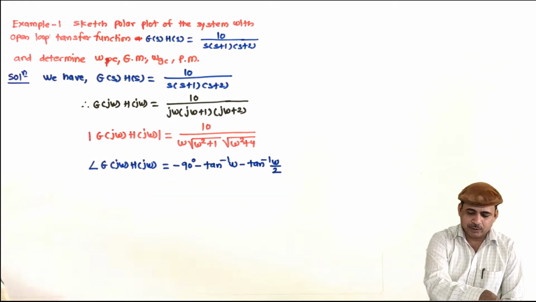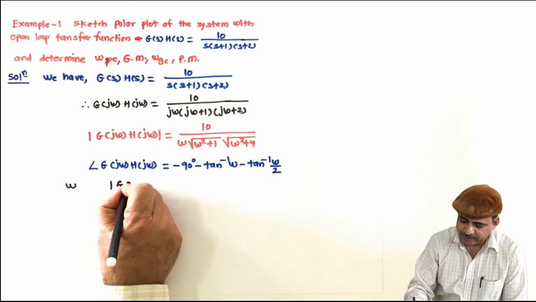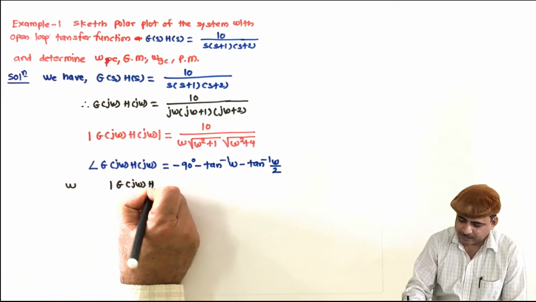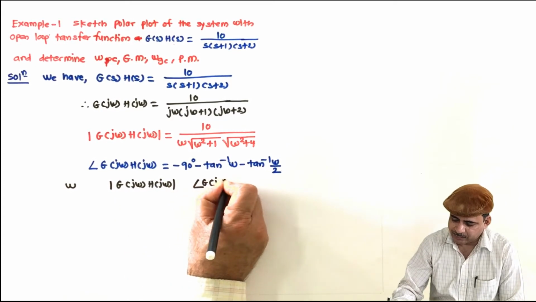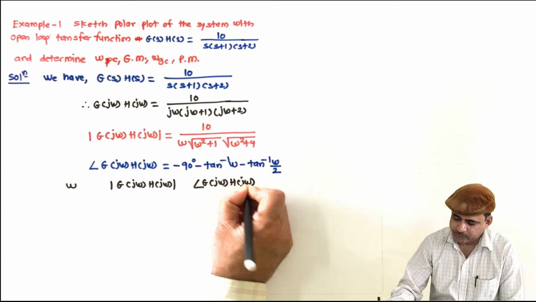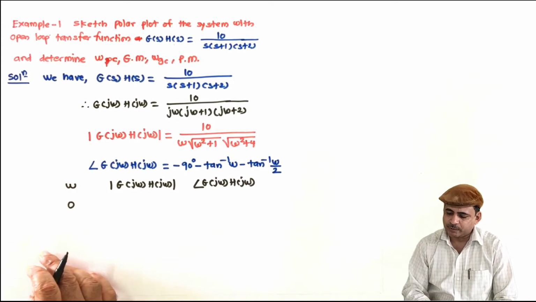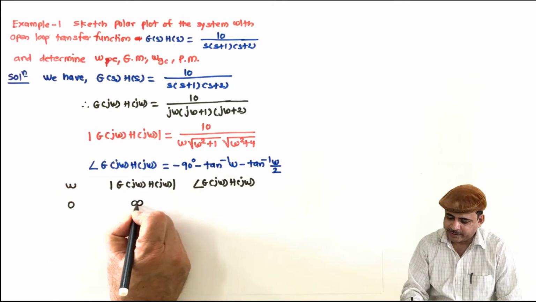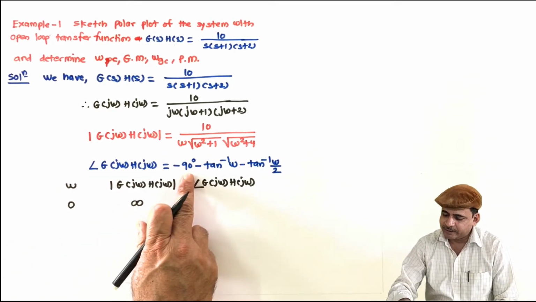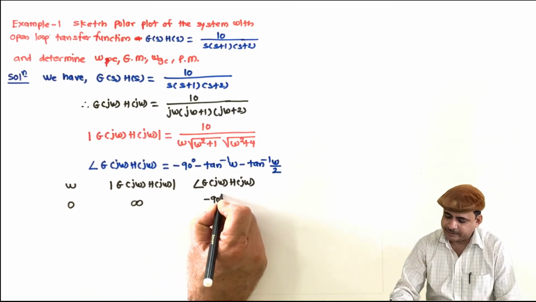And now we will calculate this magnitude and phase only at omega equal to 0 and infinity. So, when I put omega equal to 0, the magnitude will become infinity, and the phase will be minus 90 minus 0 minus 0, so that is minus 90 degree.